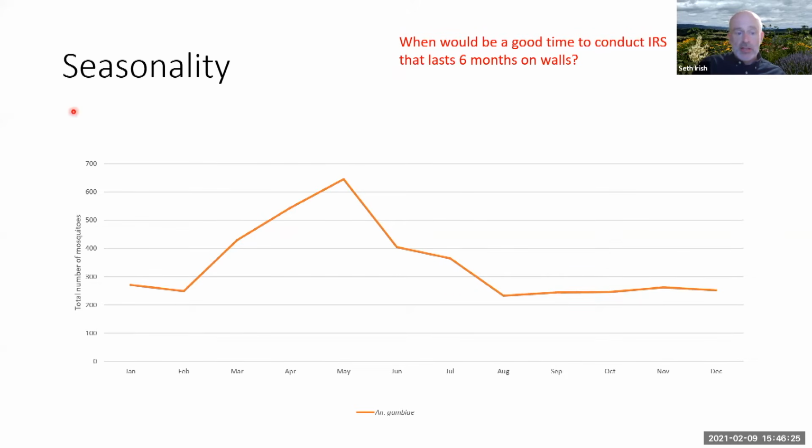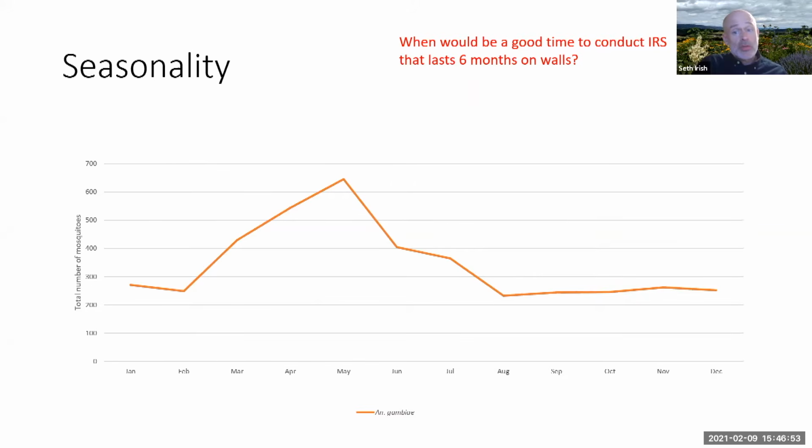So here, maybe you've collected mosquitoes every month throughout the course of the year, and you know that your mosquito population really starts to increase in February all the way through May, and then it starts to decrease over the rest of the year. So you may want to target your IRS somewhere here so that you can control that big peak in biting. So that's a good use of the data.